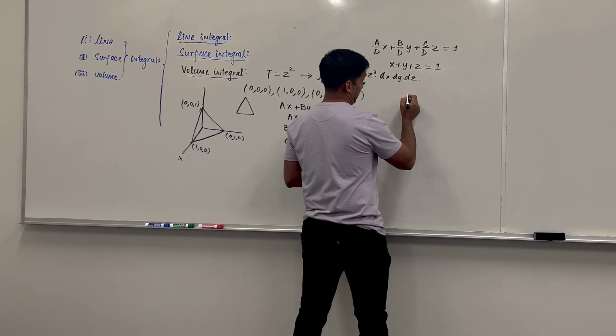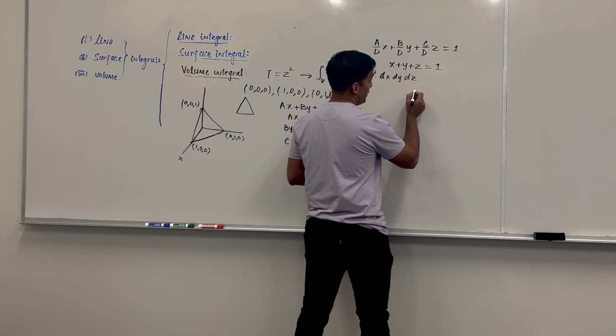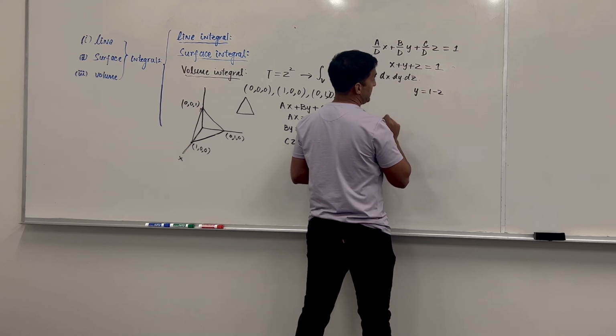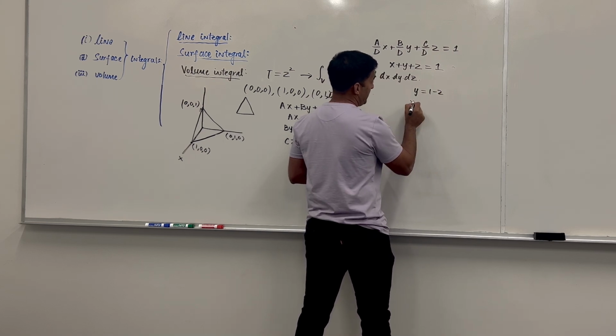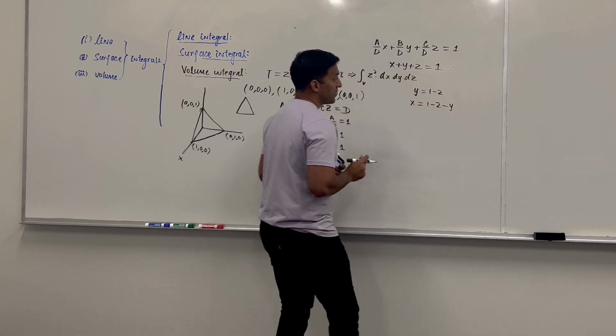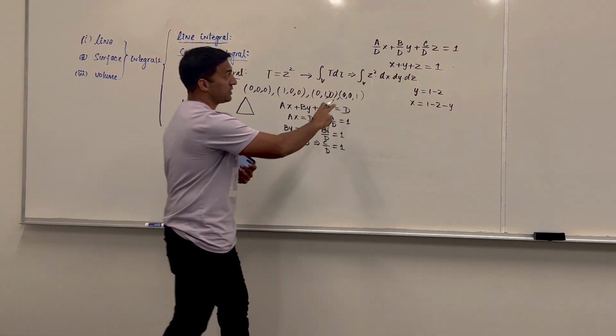If we first take x equals 0, then we have a relationship between y and z, and y will be 1 minus z, and x will be 1 minus z minus y. So these are the two limits which you are going to use in this integral.